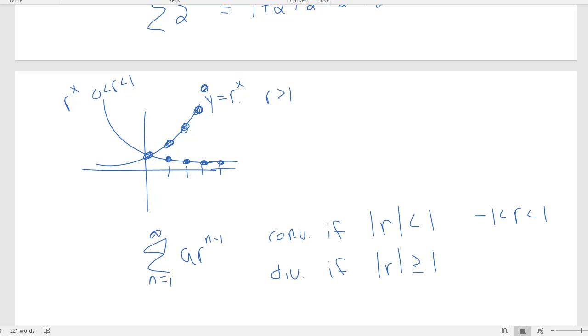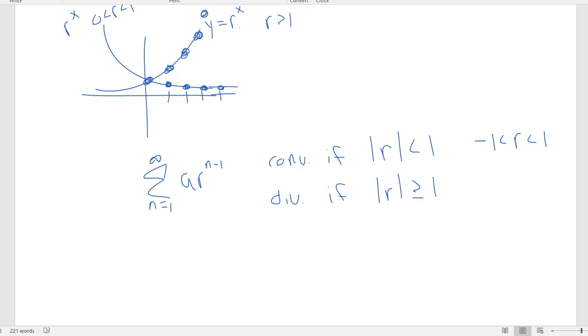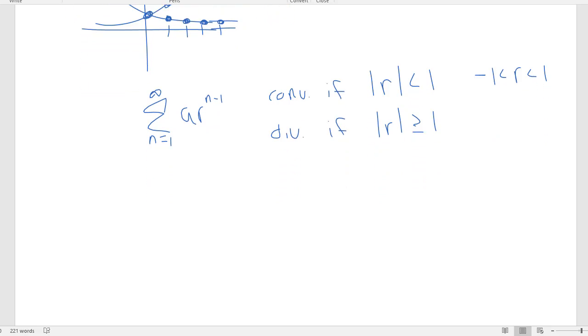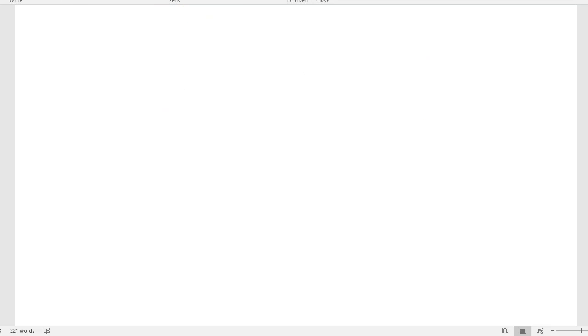So what I'd like to do for a moment here is go through a little derivation conversation, and let's talk about why this result is what it is. The reason I want to do that is that it is then going to connect to something very unique, which is finding the exact sum of a geometric series. In order to prove convergence for the geometric series, we're going to do what we did at the very beginning of this video.